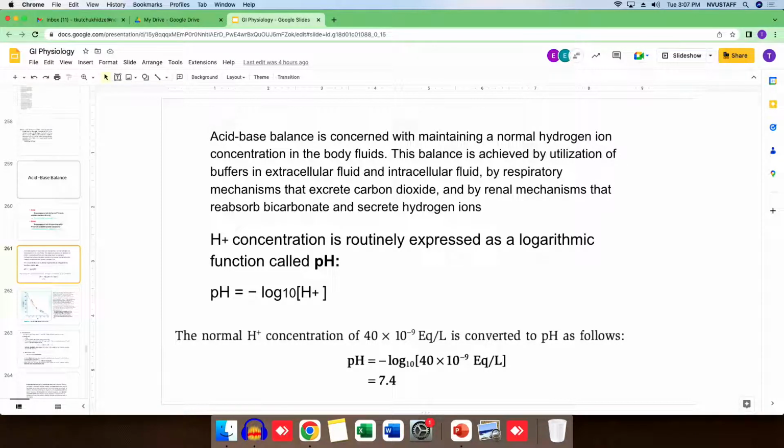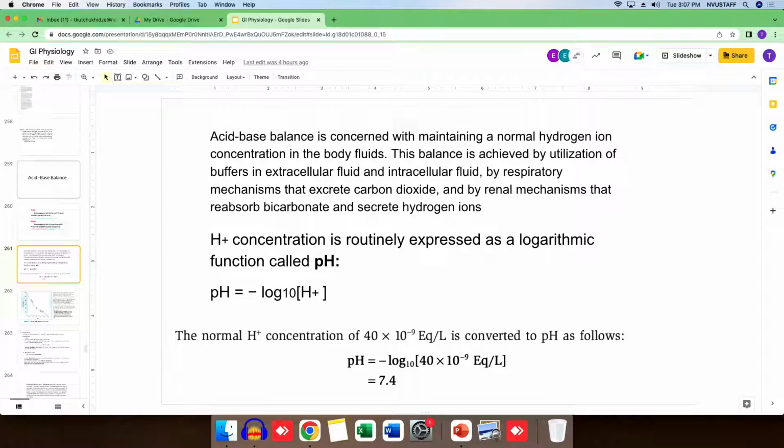With the respiratory mechanism, we have excretion of carbon dioxide, and with the renal mechanism, we have reabsorption of bicarbonate and secretion of hydrogen ions. I guess that's clear, that's easy. That's the beginning of our full journey in the acid-base environment.